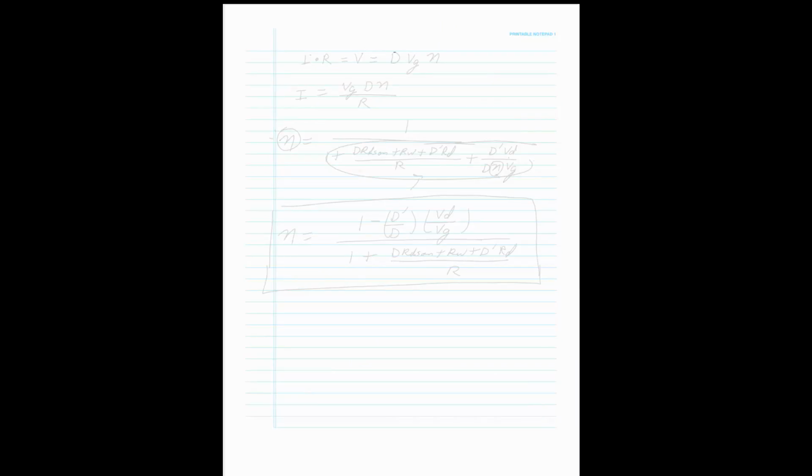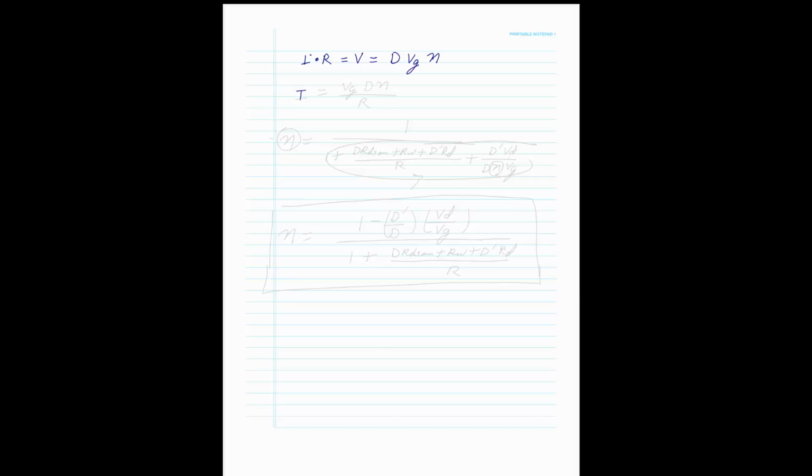Okay. So we know that I times R is going to be the output voltage. But that's equal to, right, D, the whole thing we're working on, V sub G times efficiency. In other words, the output over the input is D times the efficiency. That's the whole thing. Well, great. Then I could substitute an I for this last term.